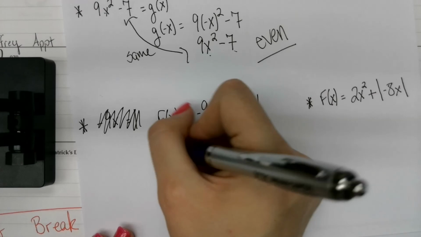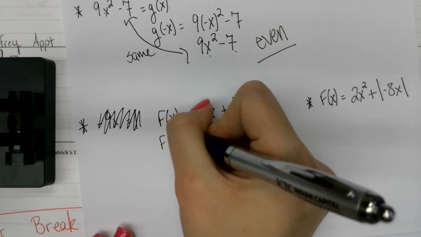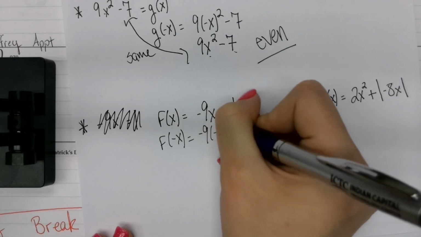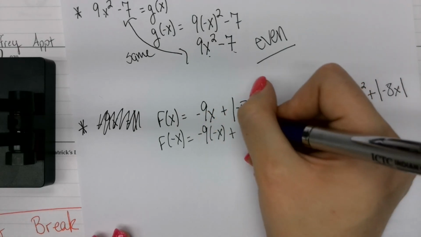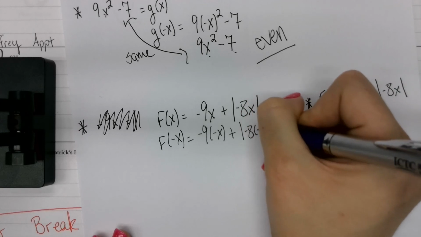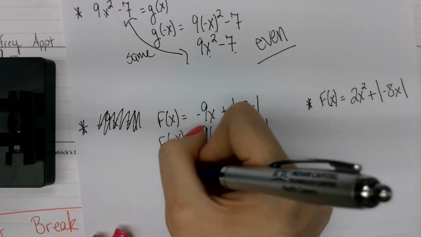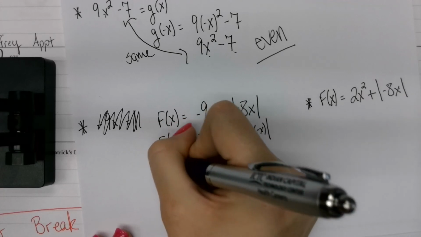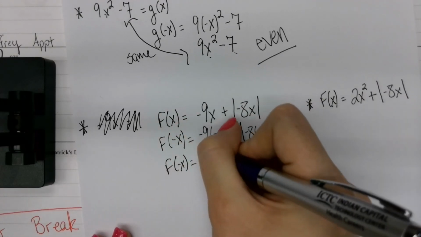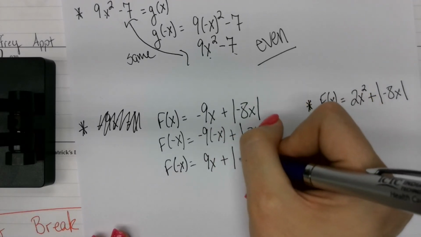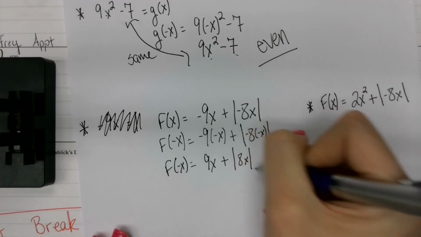Down here, we'd substitute for negative x. So I'd have negative 9 times negative x plus the absolute value of negative 8 times negative x. So this would be 9x plus the absolute value of 8x.